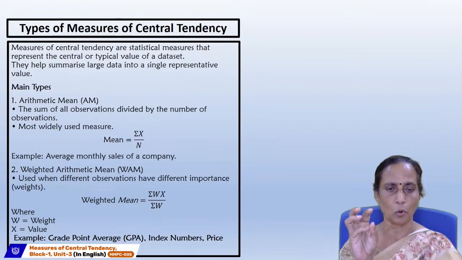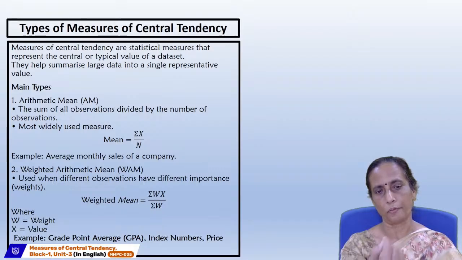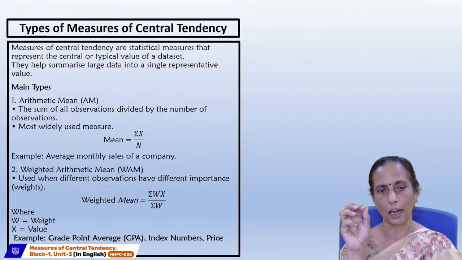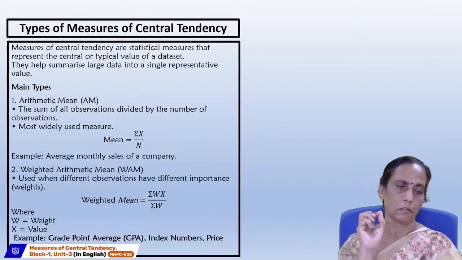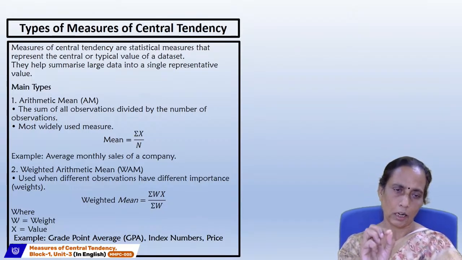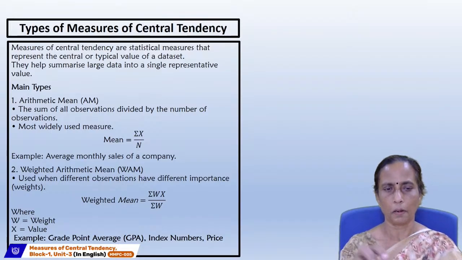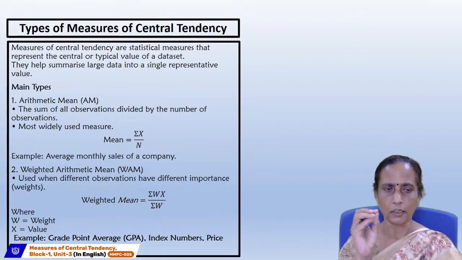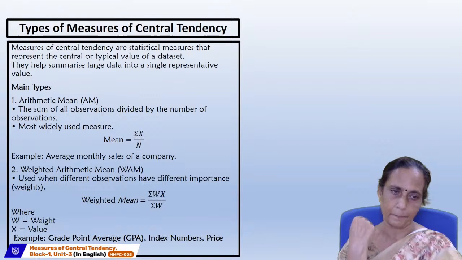If you are taking the scores of students, then x is the score of a student. If you are taking the average monthly salary, then x represents the monthly salary of a specific individual. Similarly, if you are considering monthly sales, then it is the sales on that particular day.